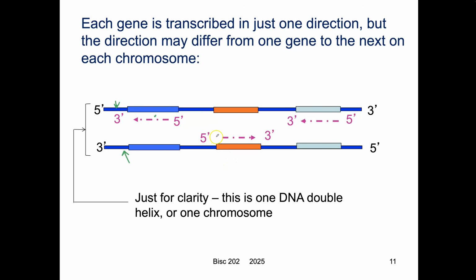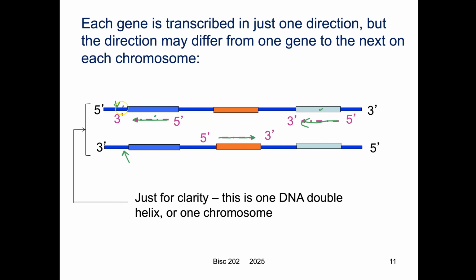So this is just meant to show that for each gene, the transcription direction is always the same, but for this gene it might always be this direction, and for this gene it might always be from the other strand, in the other direction. Each one is kind of regulated separately, and either strand could be the coding strand along a chromosome.